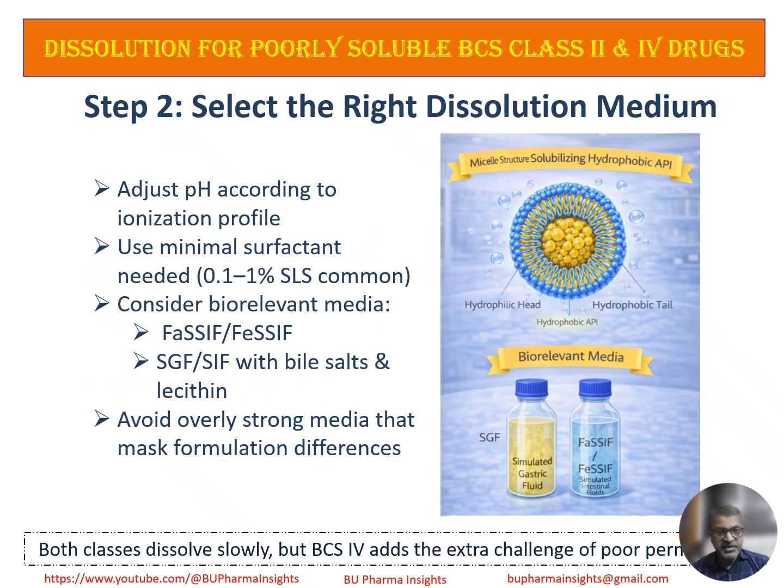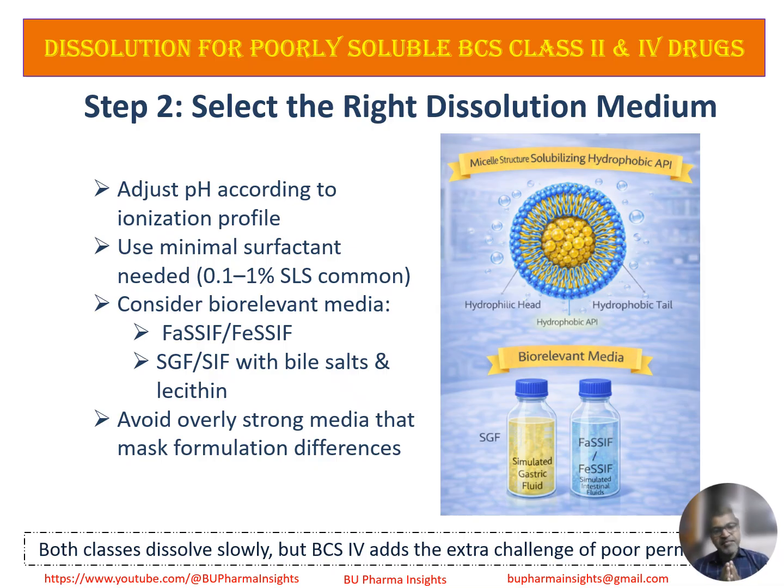Surfactants form micelles that improve wetting and drug solubilization, but too much surfactant can reduce discrimination between formulations. So use the minimum needed, typically 0.1 to 1% SLS.